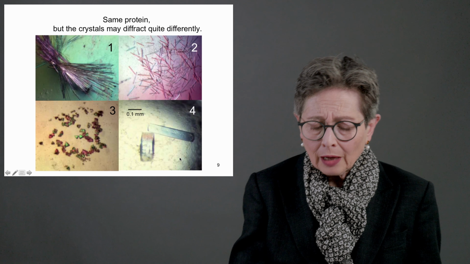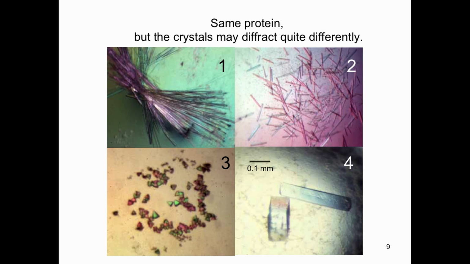Well, by this we mean the crystal has to diffract to at least 3 angstrom. If you want to see ligand binding, it needs to be even better resolution, about at least 2.5 angstrom. And the same protein can crystallize in many different polymorphs, many different morphologies.